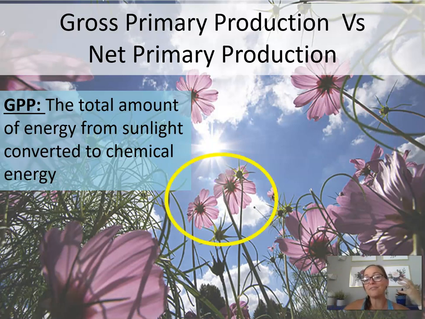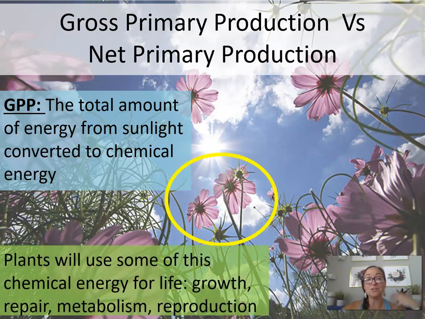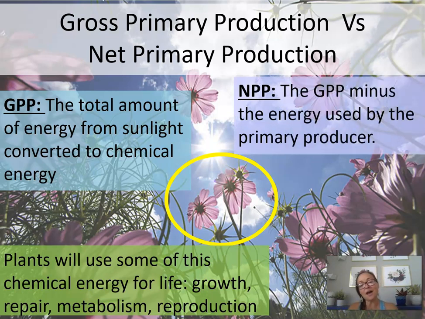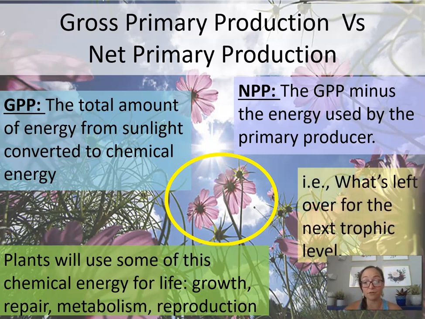So whatever is left over after the plants use some of this chemical energy for their own growth, metabolism, reproduction, repair, etc., the remaining potential energy stored in that plant is called the net primary productivity. And that is what is available for the next trophic level, for the herbivores to come and eat those plants. That's the energy that can be passed on to the herbivore trophic level.